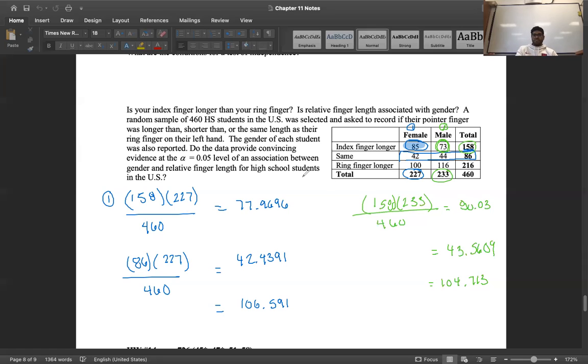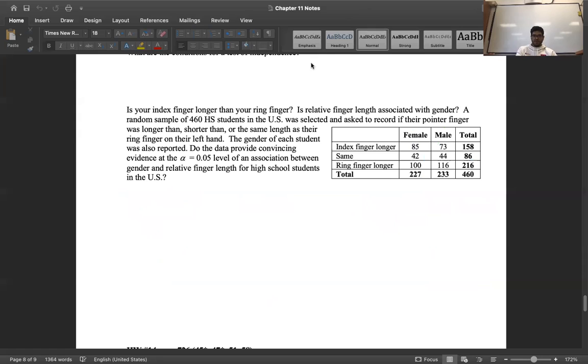Once you have all those values, you can calculate your chi-square. So your chi-square is equal to the first one, which is 85, minus the expected count from the first one, which was 77.9696, all squared, divided by the expected count, 77.9696, plus, and then you go to the next one.